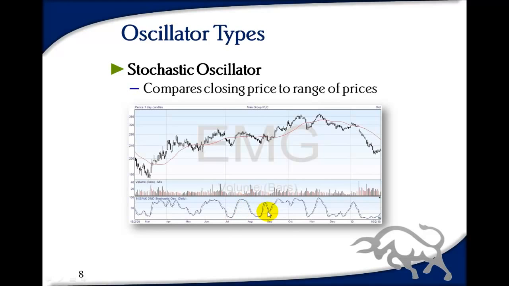Now I think on this particular chart you can see that it says 14 on the chart and in brackets 3, so you can choose how many days you smooth that out by to make it a slow stochastic, but usually it's 3 days. You'll usually do 14 by 3, and then the 3-day one becomes the slow stochastic line, and it smooths out that again by 3 days to complete the signal line.